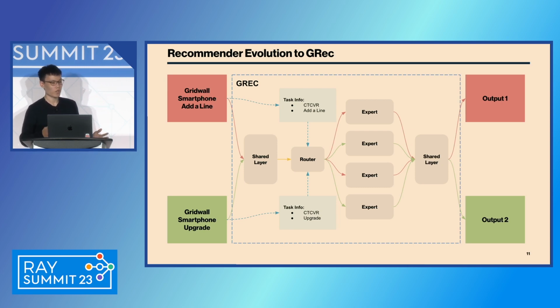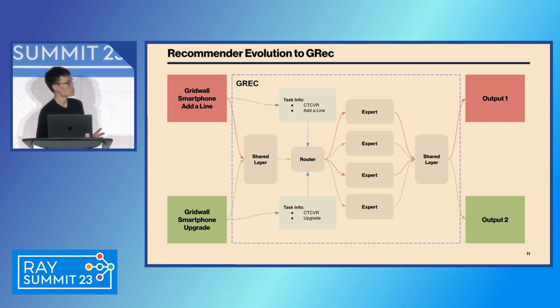So here's one view of how we are building these models. We are taking two use cases as an example. Previously at Verizon, we treated add-a-line and upgrade slightly differently, because business-wise they are very different flows, so we used different approaches to build the recommender model. But now under GREC, they are treated as one entity.